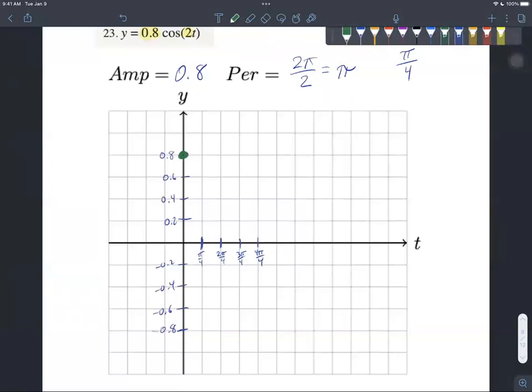And then at the next special value, it has a 0. Then at the next special value, 2 pi over 4 or pi over 2, it has its minimum value. Then it goes back up to its 0. And then finally, it's going to restart here. And so our function is going to look something like this.